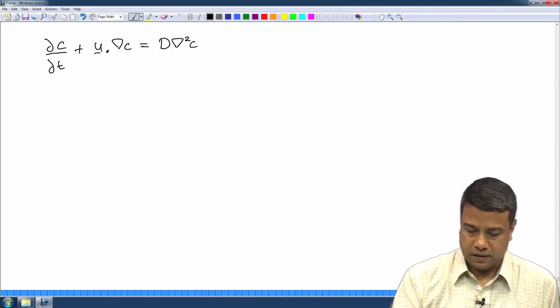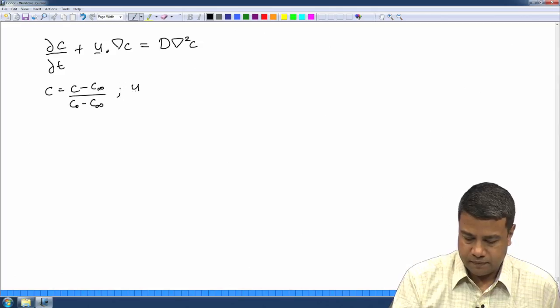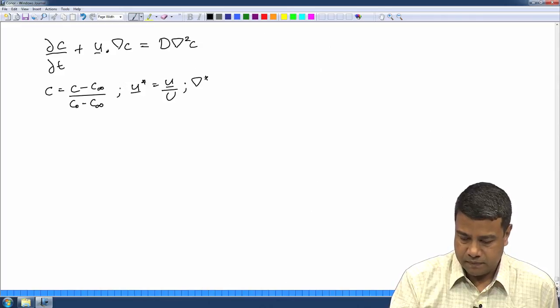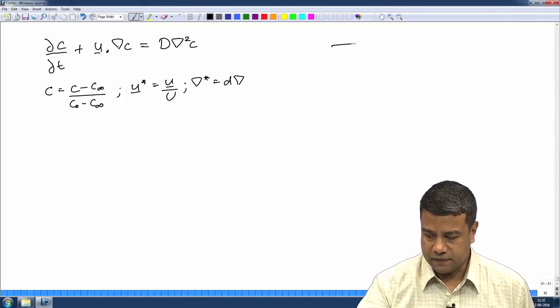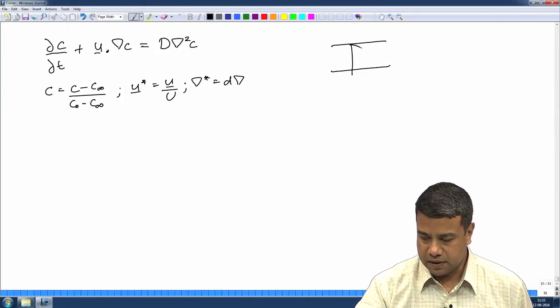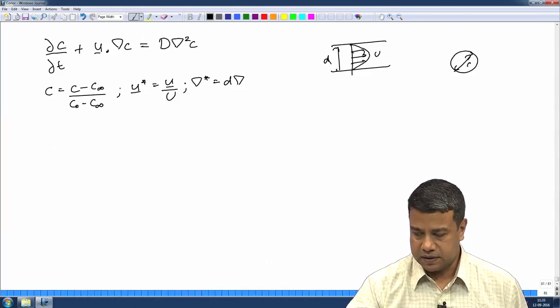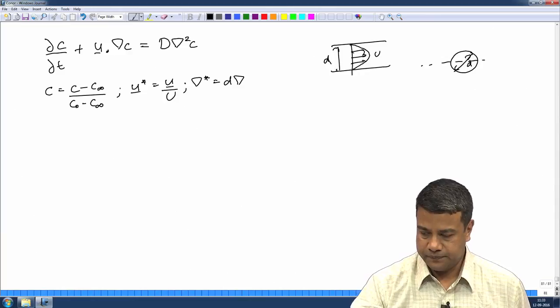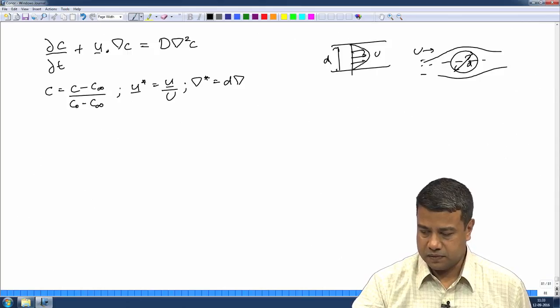And if I scale c as c minus c infinity, where I have, for example, in the case of internal flows, velocity u and a characteristic length d. For external flows, this is d, the characteristic length, and this is the velocity u.